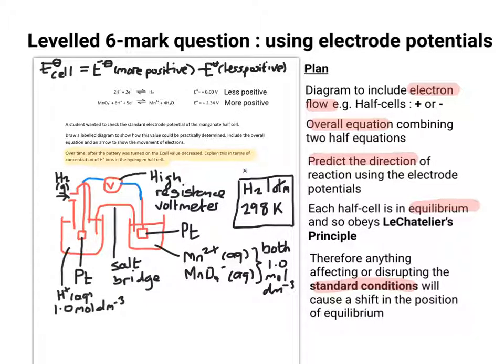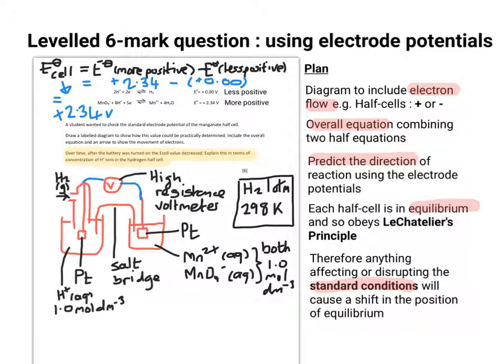To work out the overall cell potential, you have to subtract the less positive from the more positive. In this case it's quite easy because you're taking 0 away from plus 2.34. So your overall cell potential is plus 2.34 volts.